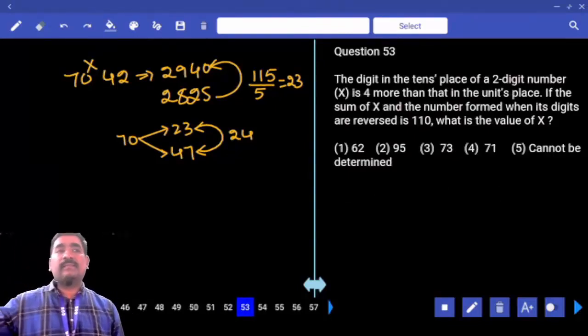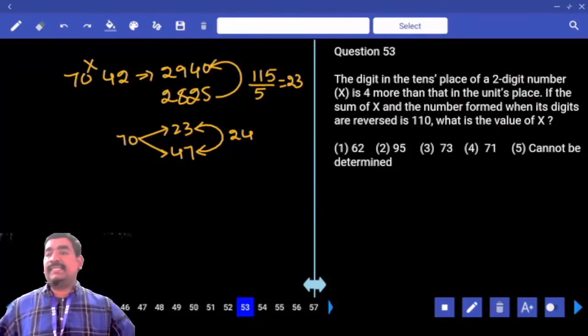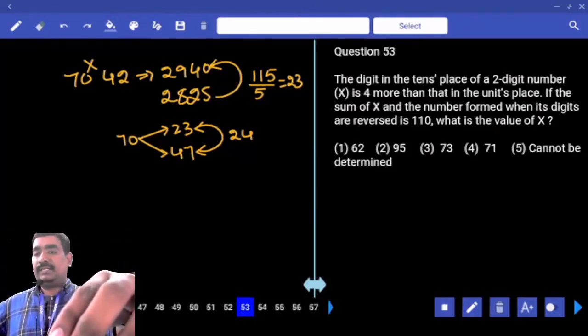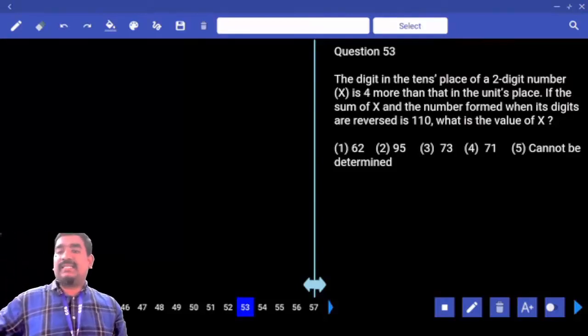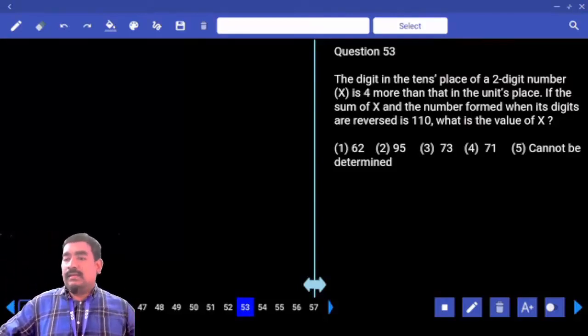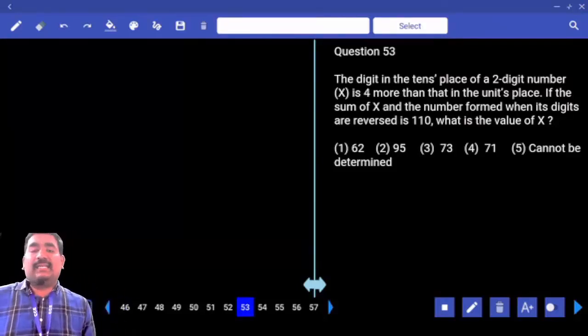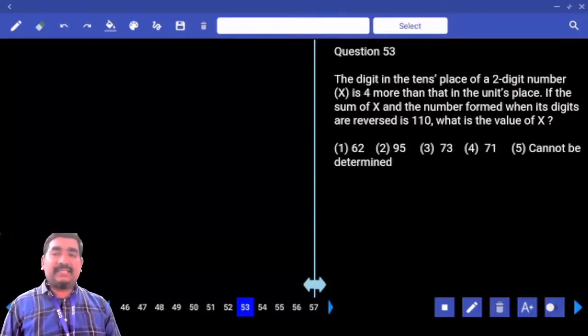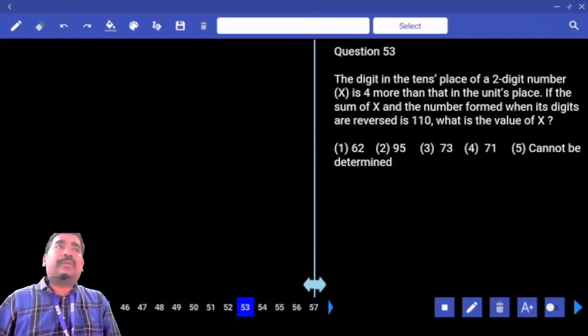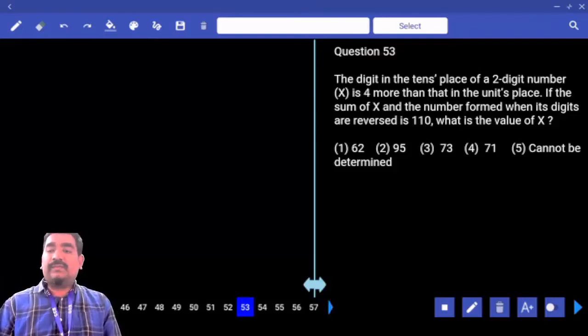Next. The digit in the tens place of a 2-digit number is 4 more than in the units place. Sum of the number and the number formed when its digits are reversed is 110. What is the value of x? Follow option method. What is the first option?